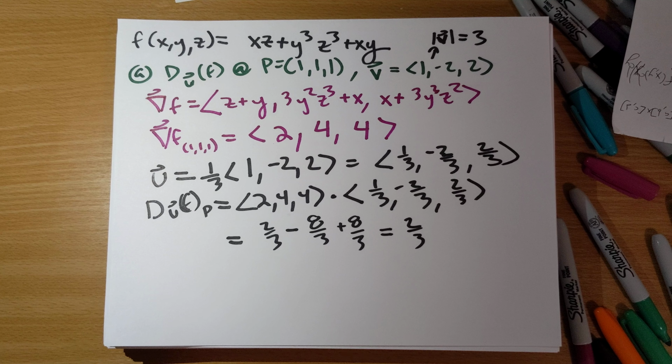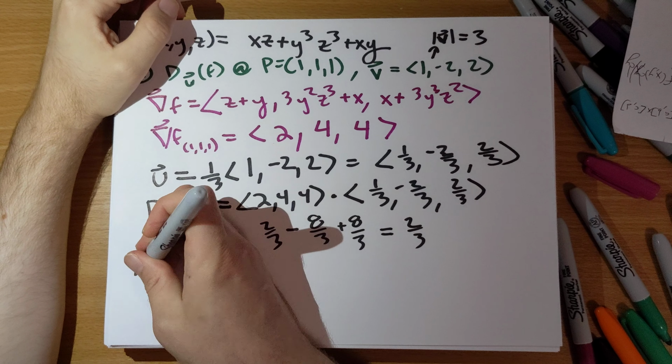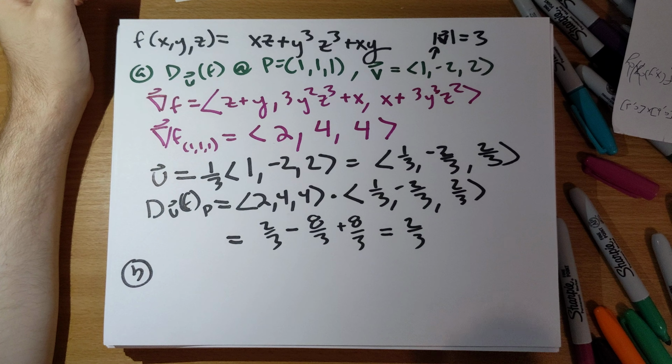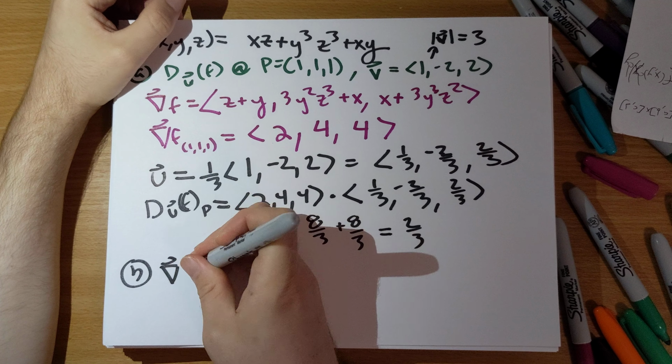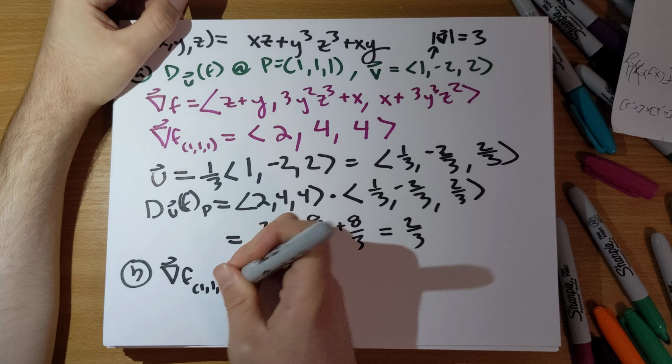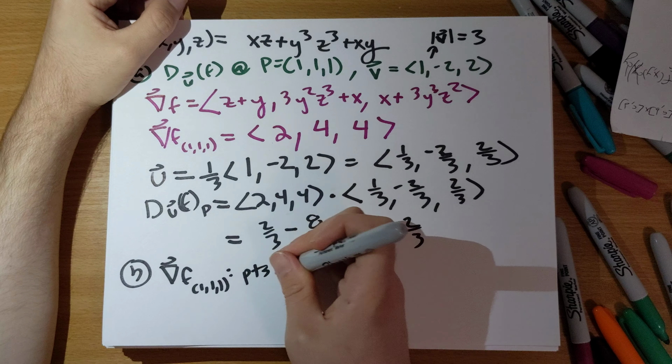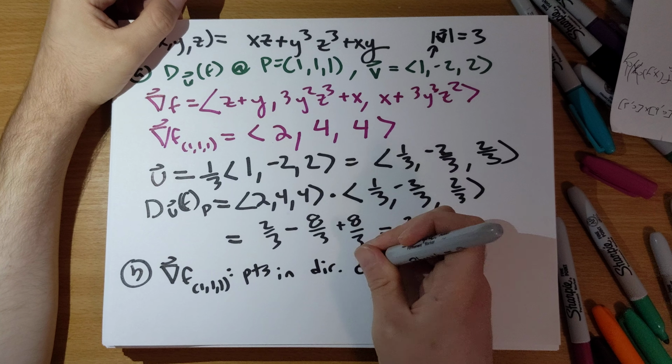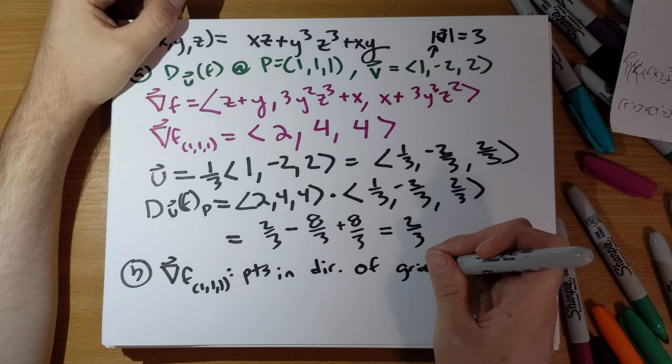For part B, it says find a unit vector u pointing in the direction in which f decreases most rapidly at (1, 1, 1). So the first thing to realize here is that the gradient of f at (1, 1, 1) points in the direction of greatest increase.